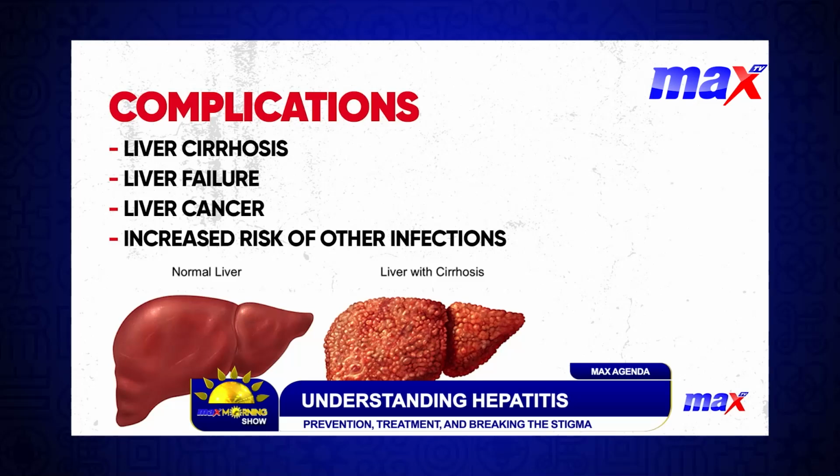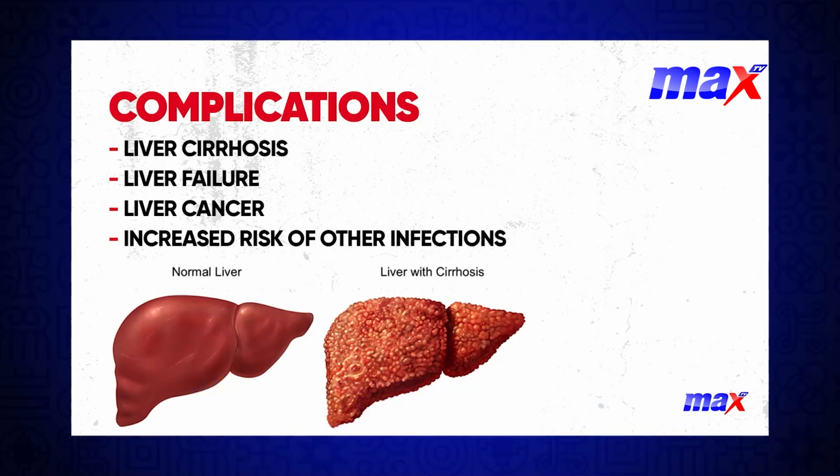Okay, so you've already talked about the complications, but if we have it on the screen, if you can go through. So when we talk about cirrhosis, that's the scarring of the liver. You can look at the image over there. You see the first image, the normal liver, that's how our liver is supposed to be. But when the damage has been caused to an extent, you have the liver cirrhosis looking that way, looking like you've placed it on fire.